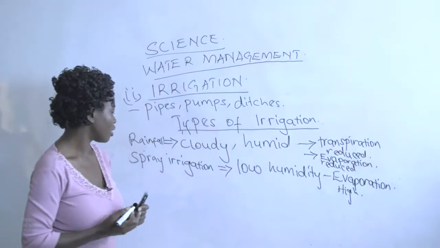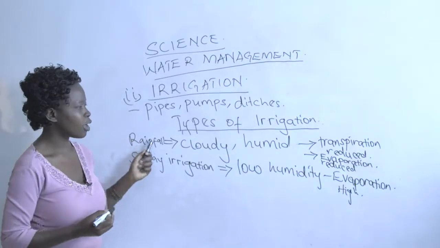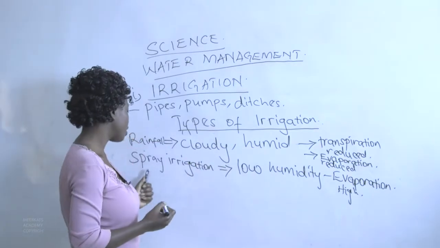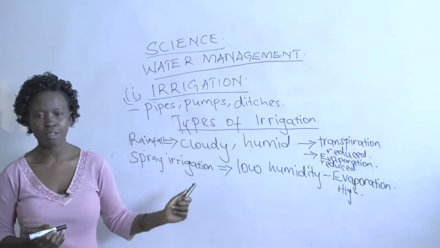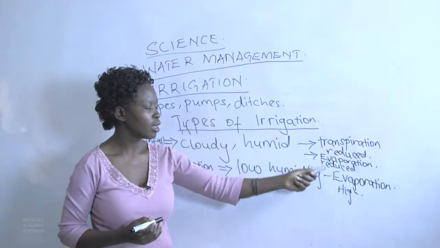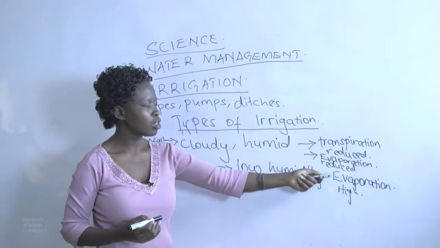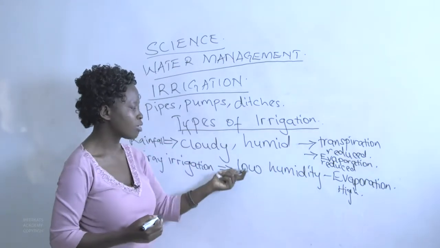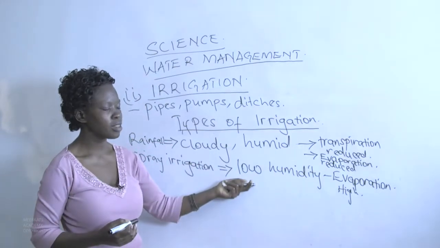So we find that when rainfall is falling, the evaporation and transpiration rate is low, but spray irrigation takes place when evaporation and the rate of transpiration are also high because humidity is low and temperatures are high.